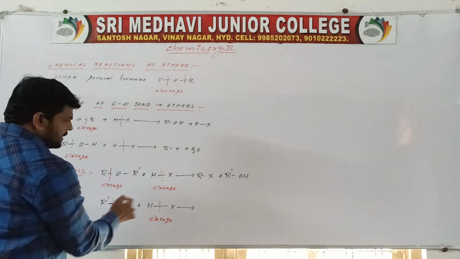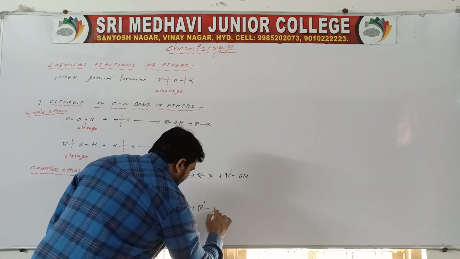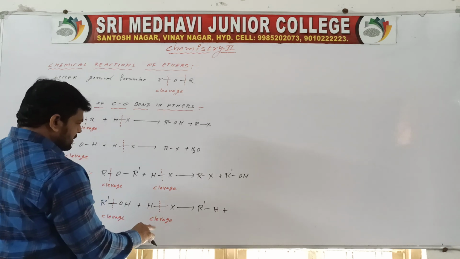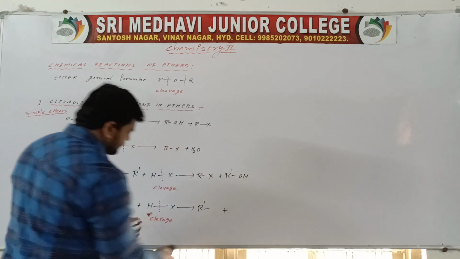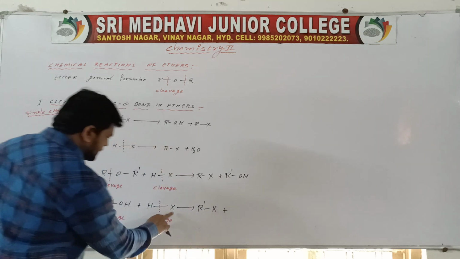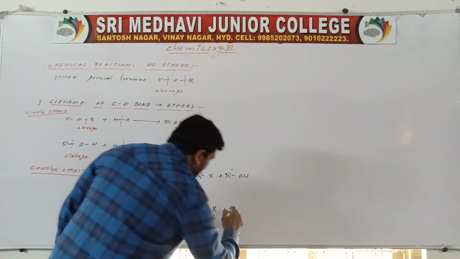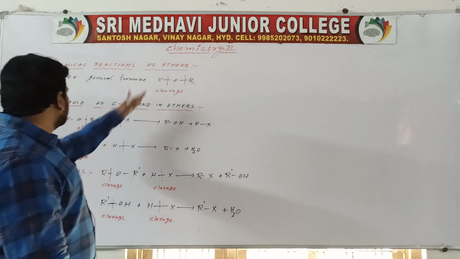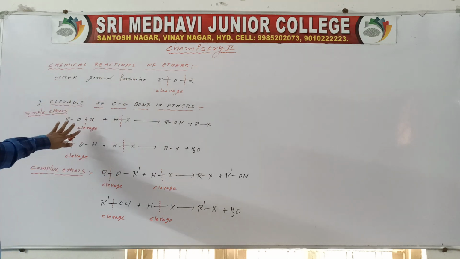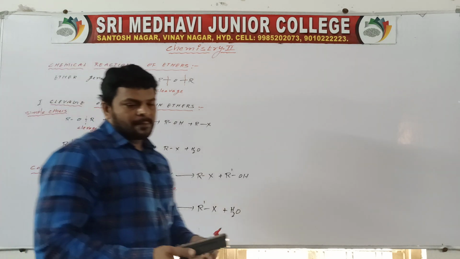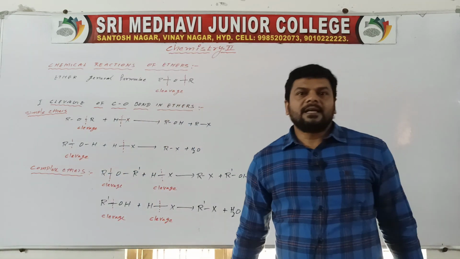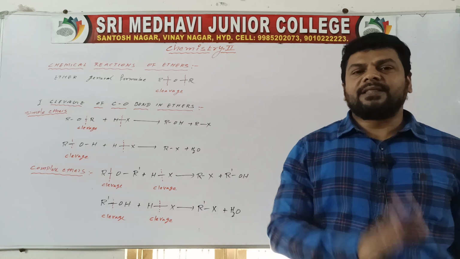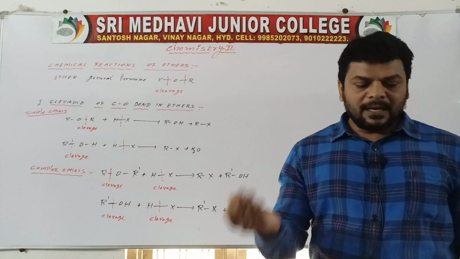R dash X, and H and OH, H2O is formed. So this is the chemical reactions of ethers in simple ethers and complex ethers. Next, aryl alkyl ethers.